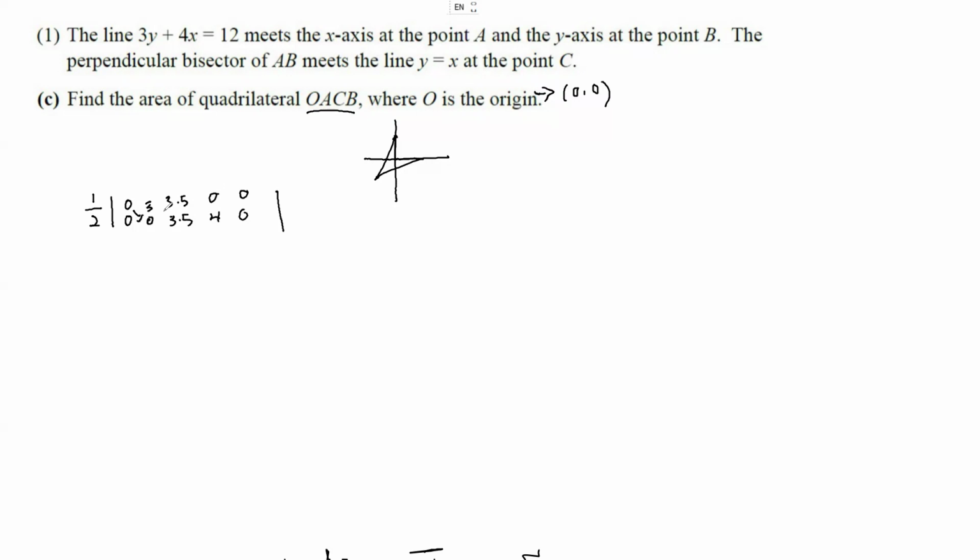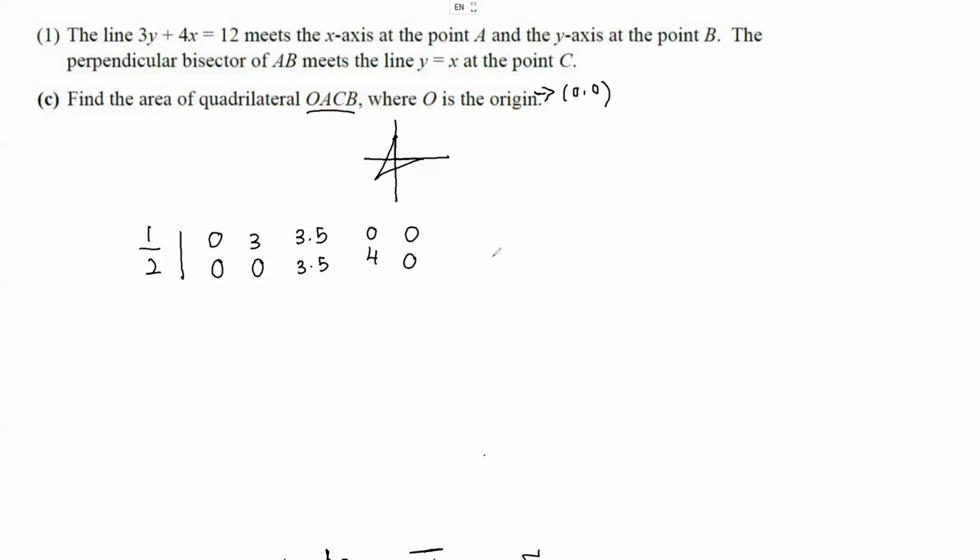You multiply like this, and also multiply like that. I'll write it bigger. This is the first one, these are the points, and you need to rewrite the first coordinate. Then you can start using the shoelace method.